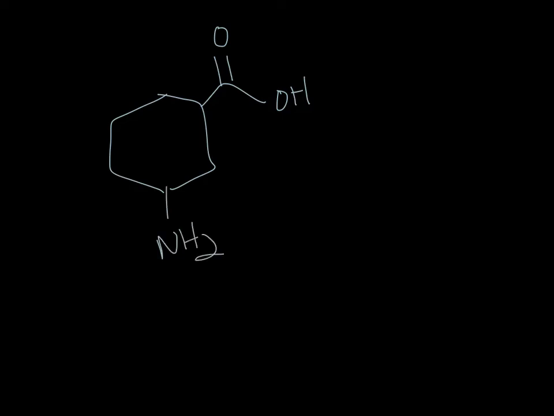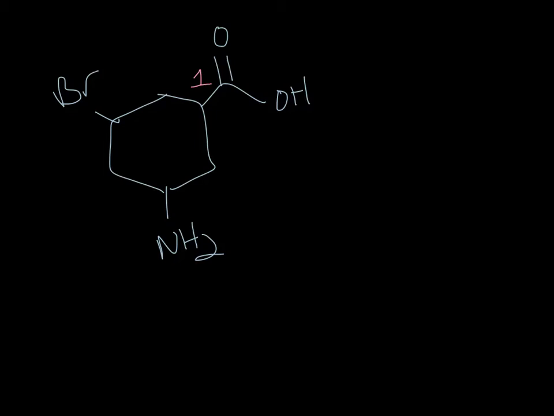If you have a cyclic system that has a carboxylic acid coming directly off of it, it's going to be reminiscent of what happened with the aldehyde group. So we're going to look at that here. Let's do an NH2 and a Br there. So in this case, I'm going to start numbering on the ring at the carboxylic acid since that is the highest priority group. Now I can either go up around to the left or I can go down and to the right.